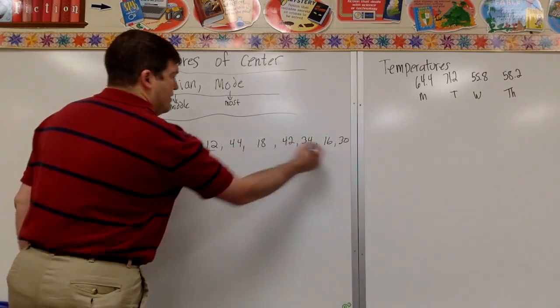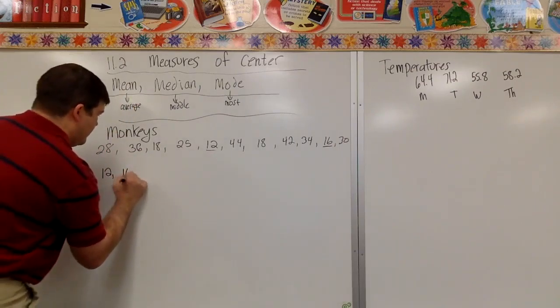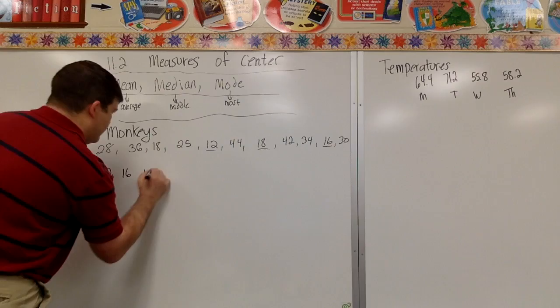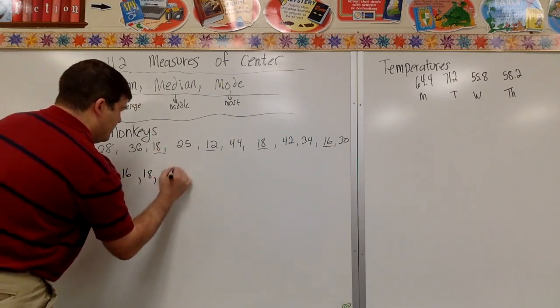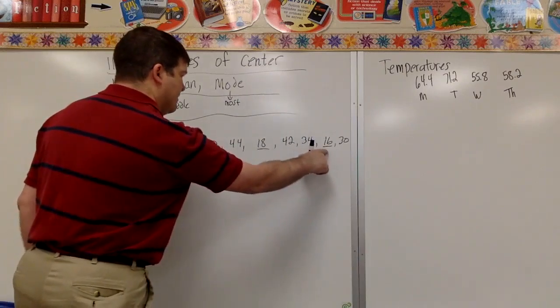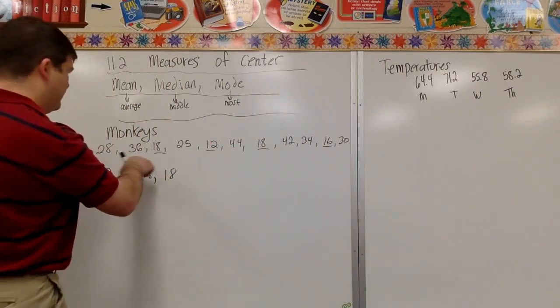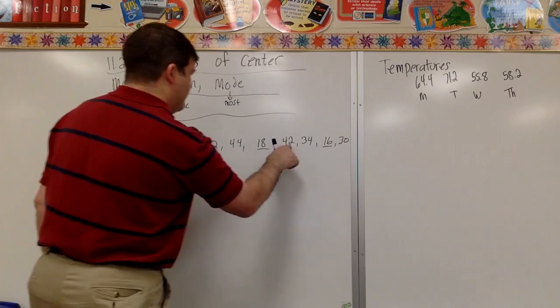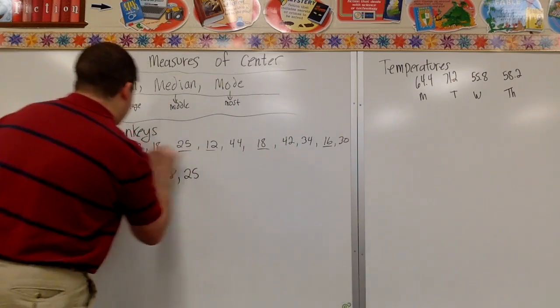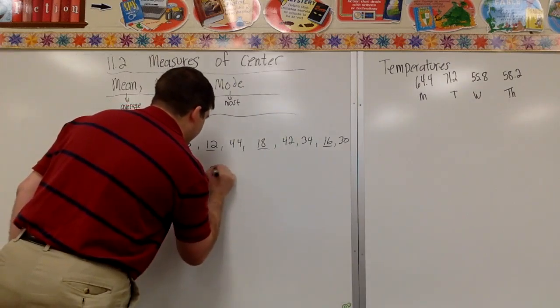And then 16. And I'm underlining it to make sure I've included it. So I've done 18, 12, 18, 16. Now what's higher than 18? Let's see, I have a 20 here, 25. Then I have a 28.